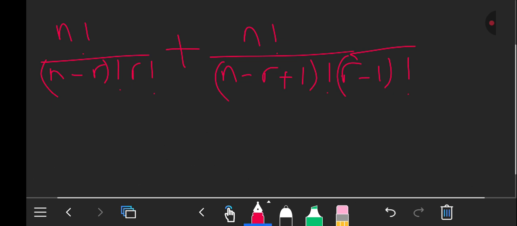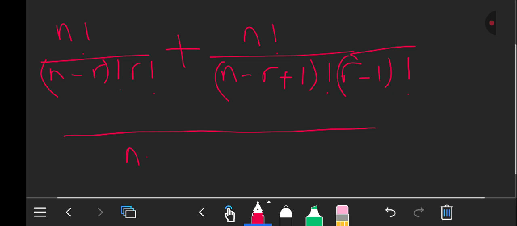Okay, at this step we can find the common denominator. So the common denominator should be the bigger one. So we have the bigger one between n minus r factorial and n minus r plus 1 factorial.